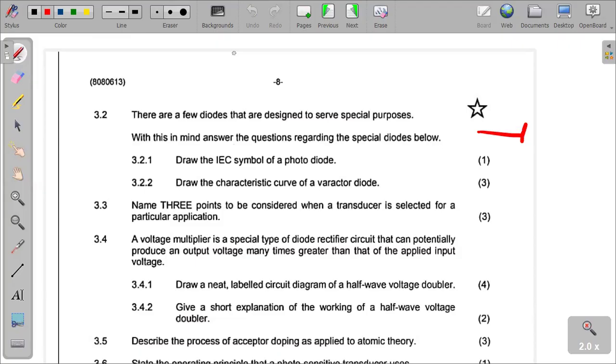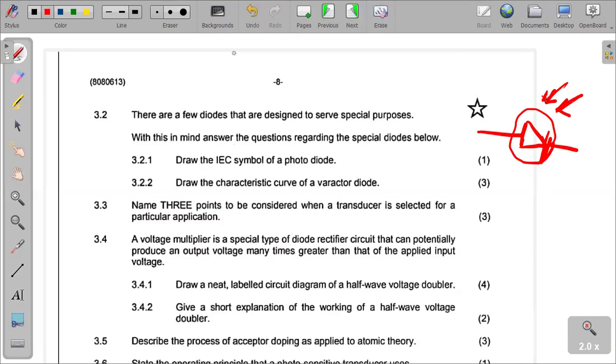So there it is, right? There is our diode, a normal PN junction diode, but because it operates using light, we have to indicate the incidence of light onto the PN junction.